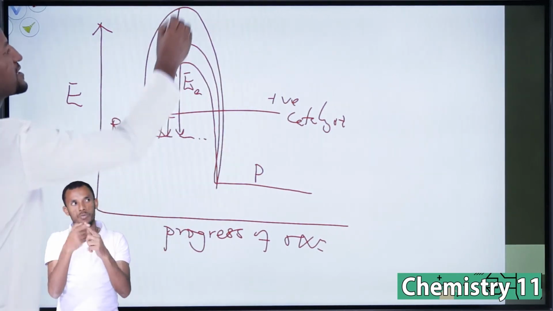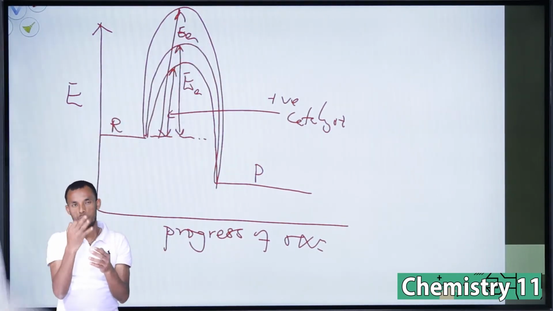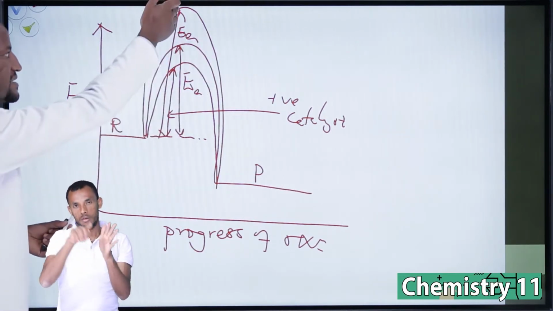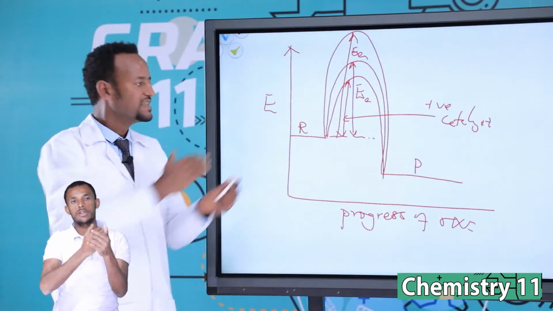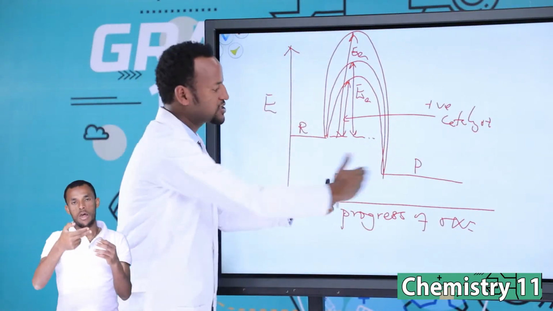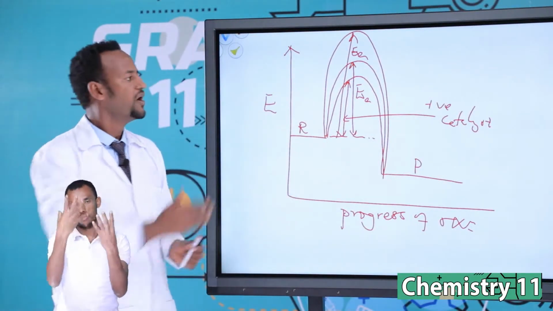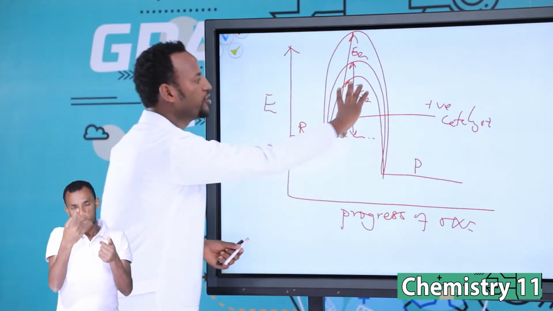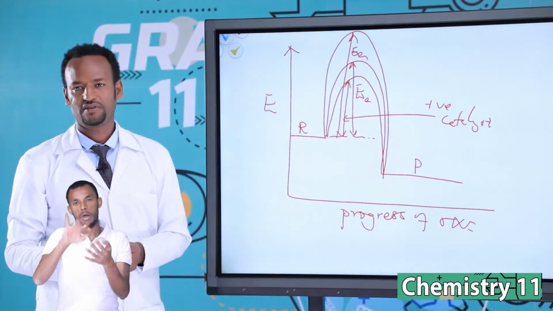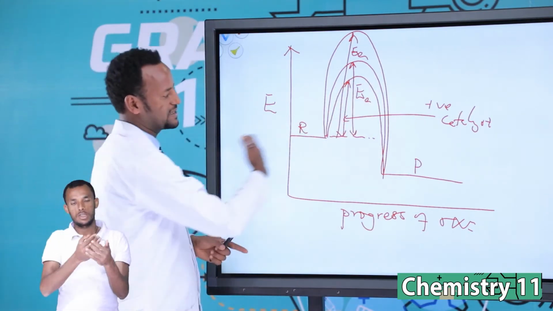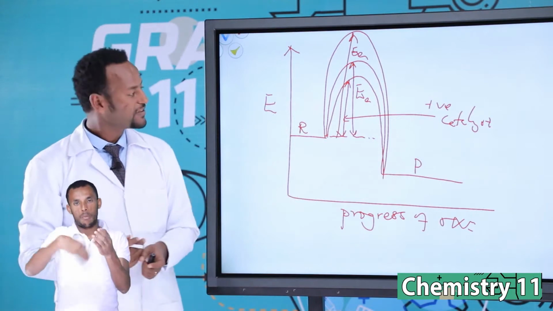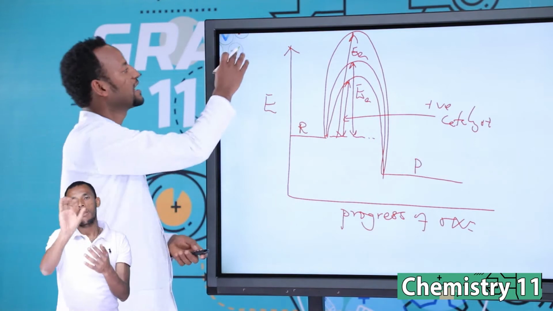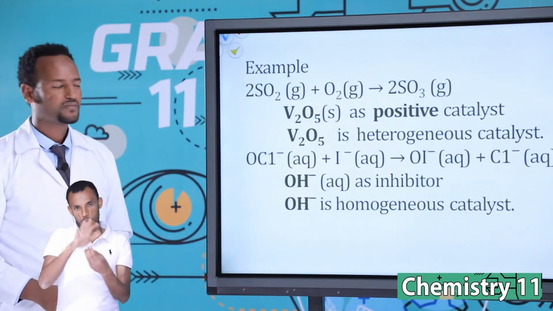Therefore, a negative catalyst increases the activation energy level. The higher the activation energy level, the slower the reaction. Positive catalysts speed up a chemical reaction by lowering the activation energy level, and negative catalysts slow down a chemical reaction. Therefore, a catalyst is a factor.